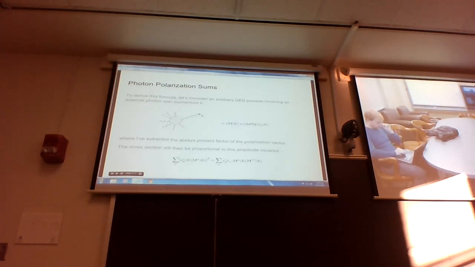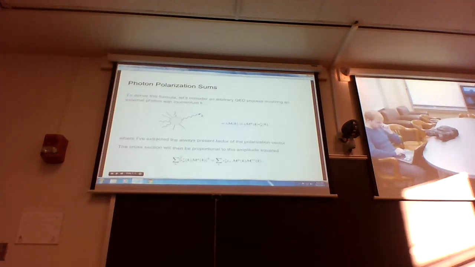And I know whatever's left over has to carry an index mu, because these two things are dotted together within the scalar. These photons always come with these polarization vectors, so we're still being completely general. So this is the amplitude. When we take the matrix element squared, we would take this thing starred and replace mu with another dummy index, just to be safe.